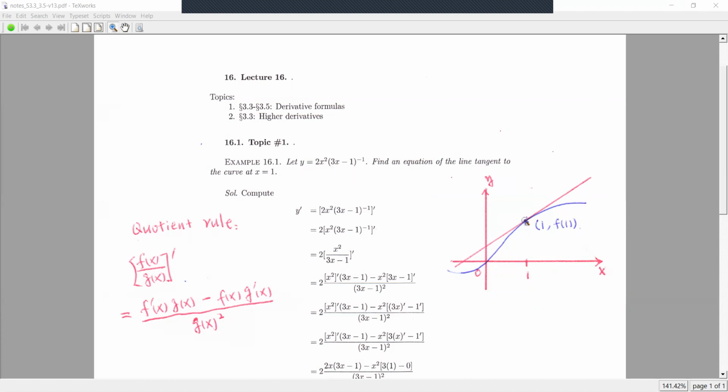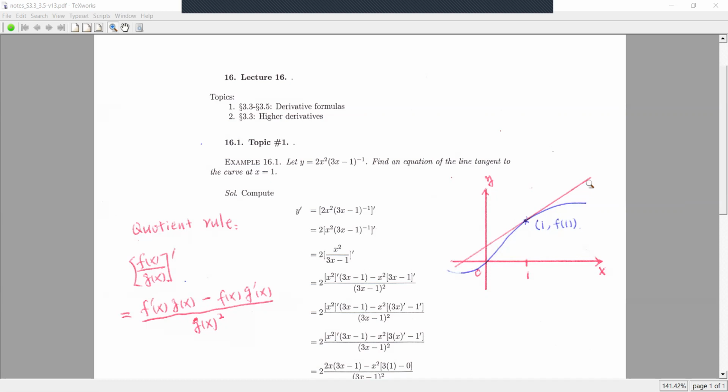So this point, x coordinate is 1, y coordinate is also 1. At this point, there is a tangent line. We need to write down the equation of this tangent line.